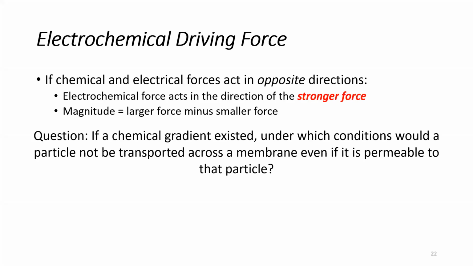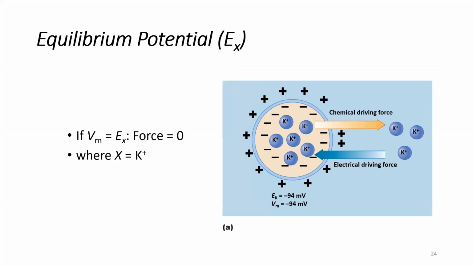And so we spoke about the equilibrium potential because we're going to need to find out what the equilibrium potential is for this particle, for this ion. And then that will determine which is the stronger force, okay? That will determine what the overall net direction is if the forces are acting in different directions.